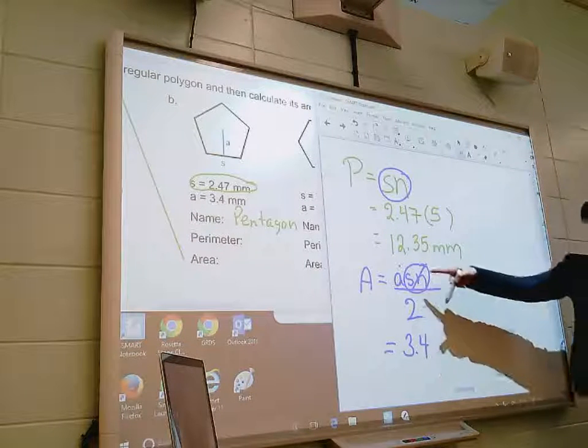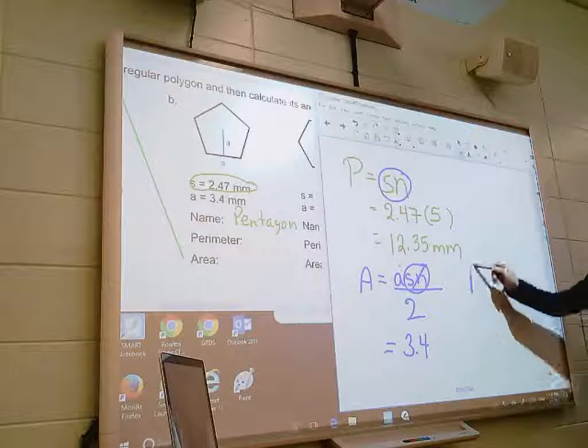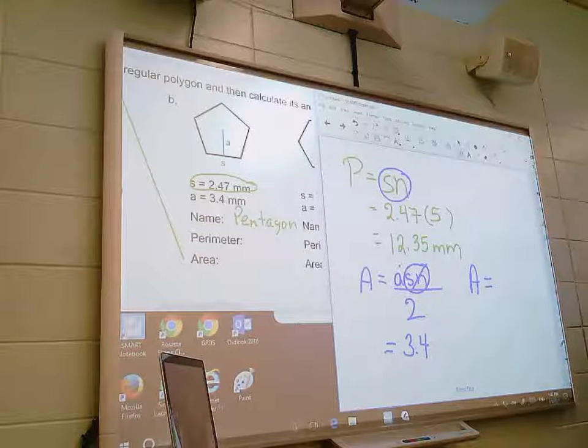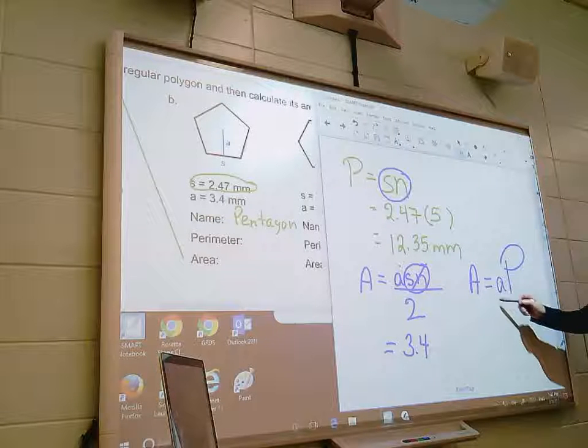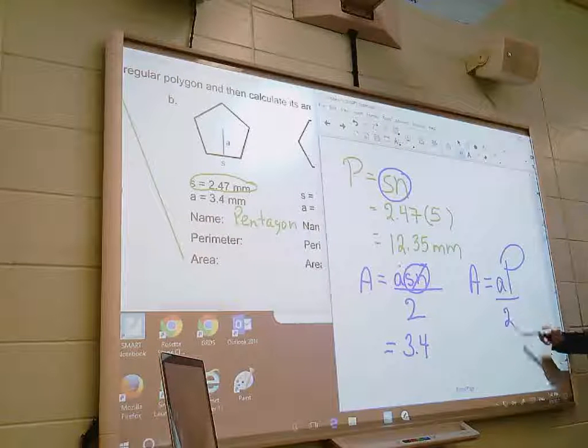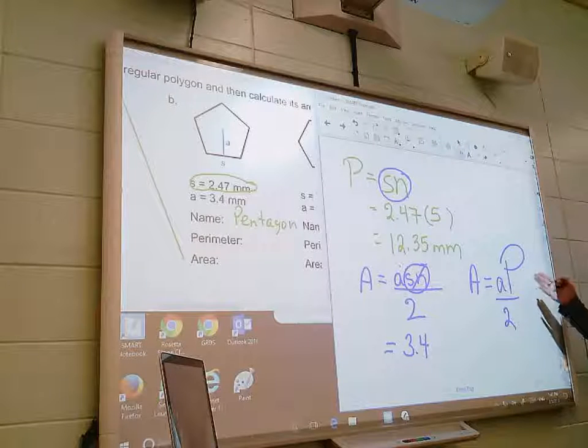So guess what? I can have another formula instead of ASN divided by 2. Who can tell me another formula? A times perimeter divided by 2. There are 2 formulas that you can use for the regular polygon. Do I force you to use this one?